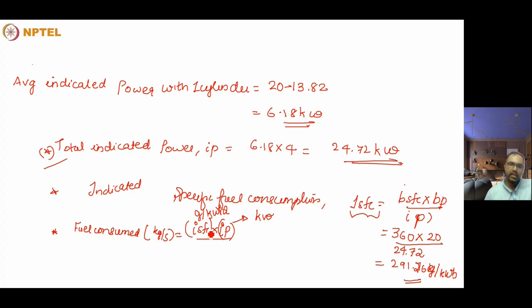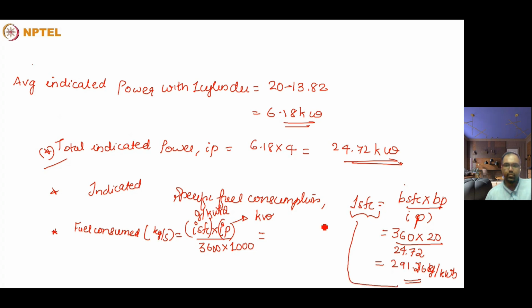So we divide the whole thing by 1000 to get the value in terms of kilogram per second, and since it is kilowatt hour, we need to calculate in terms of seconds. So we convert by using 3600.